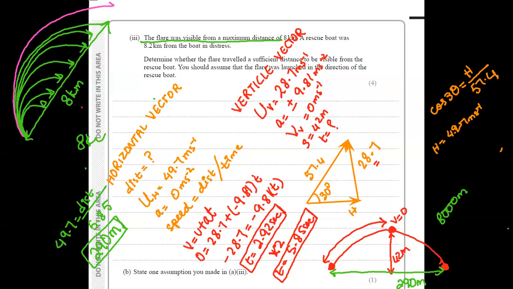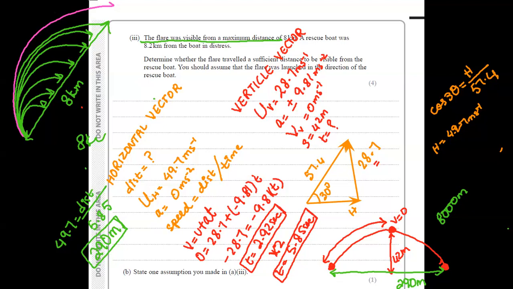So they were asking us, do you think the rescue boat will be able to see the flare? The maximum distance that your flare can be visible from is 8 kilometers.